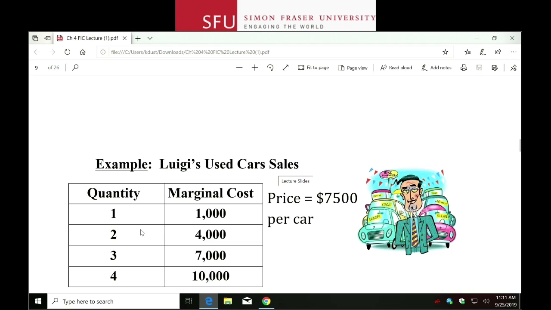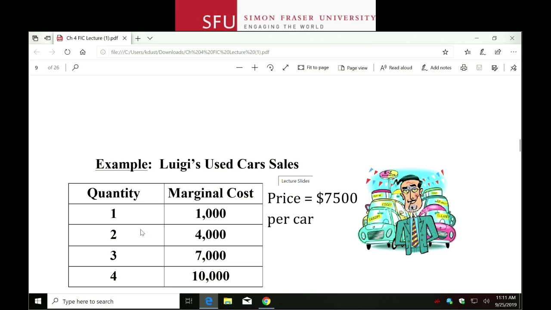We have a person selling used cars, and they've got 4 cars. The 4 cars all have different costs. These are the marginal costs, the cost per car. The price, just for simplicity, will be constant, so they get paid the same price for all the cars.